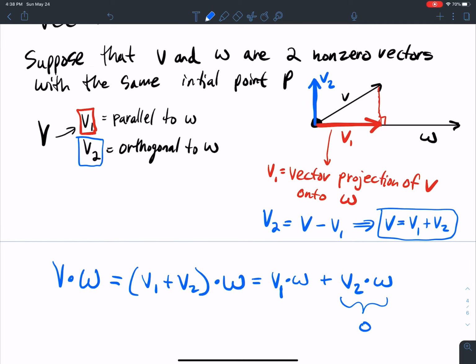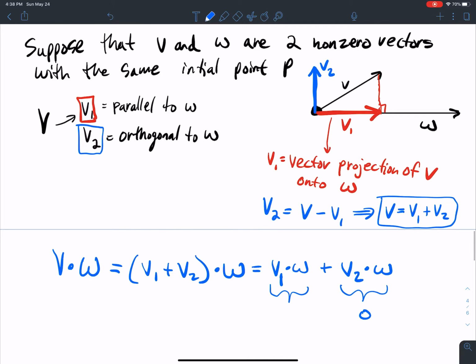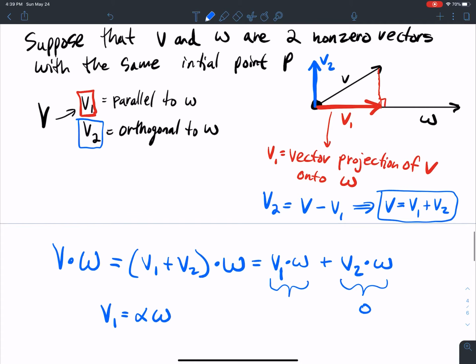And since V1 and W are parallel, that tells us that V1 is equal to some constant times W. So this is going to be alpha W dot W plus 0.